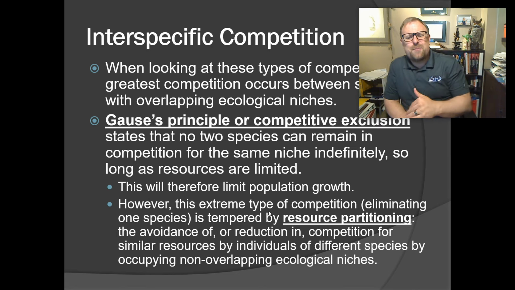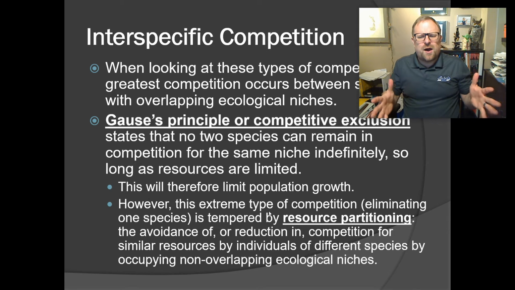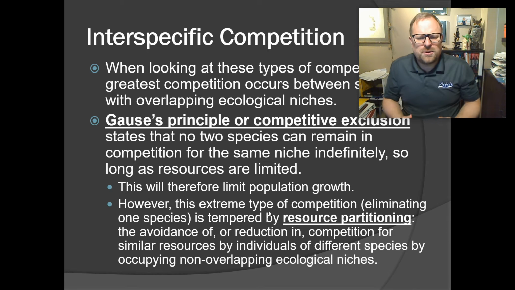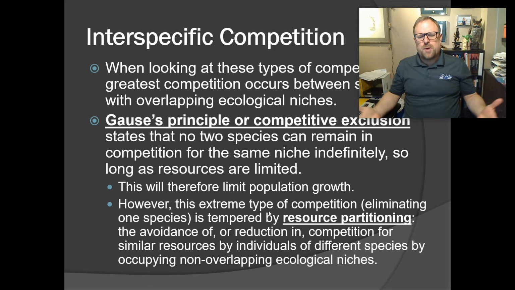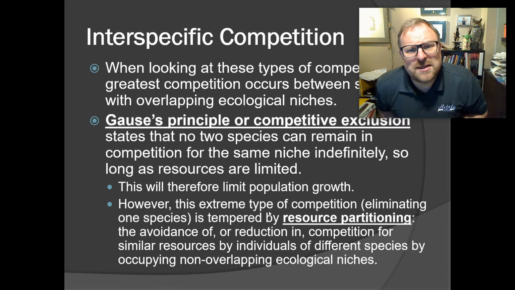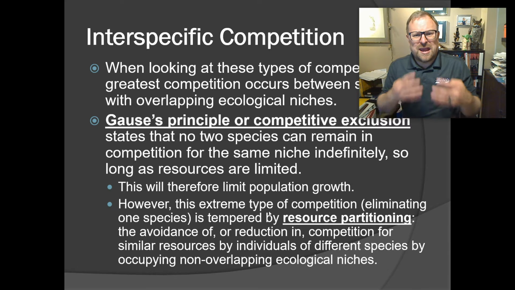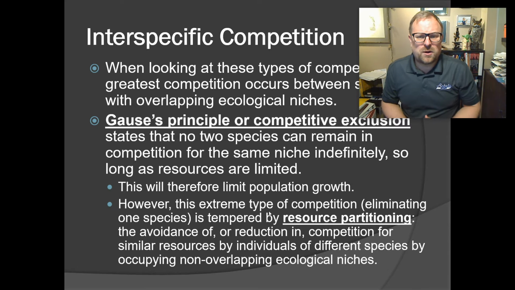So all of this is tempered by something called resource partitioning, which means the avoidance of or reduction in competition for similar resources by individuals of different species occupying non-overlapping ecological niches. That's a mouthful. Basically, it says that if an organism is competing with another organism and it's losing, it's going to find a way to overcome that competition. It might move away.